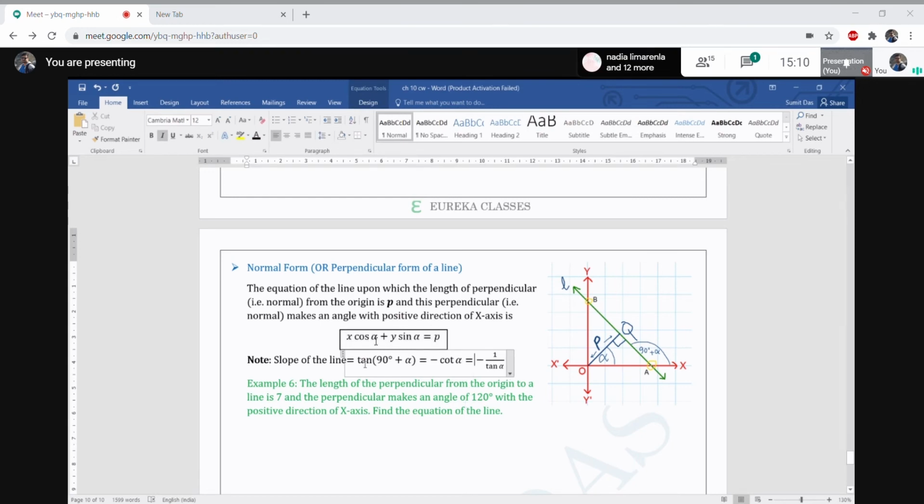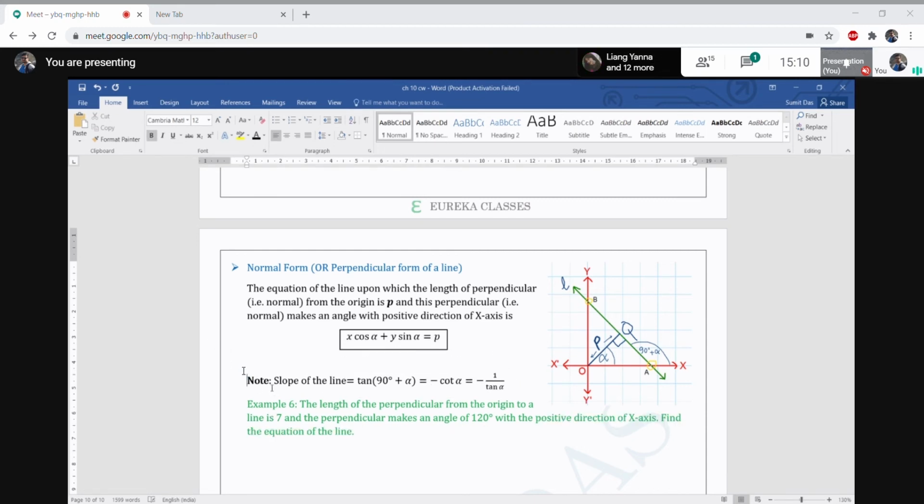Because look, 90 plus alpha will be in the second quadrant. In the second quadrant tan is negative, and what is the coefficient of 90? 90 means pi by 2. If the coefficient is an odd number, it will be transferred to cot, and it will be minus cot alpha. So minus cot alpha is equal to minus 1 by tan alpha. This is just a note I'm giving here.